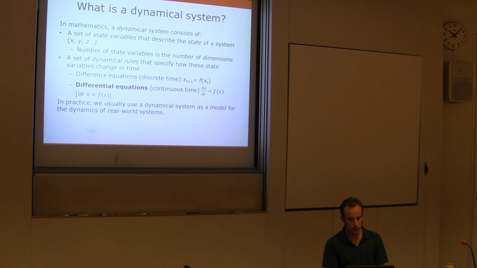So we write down differential equations in something like dx/dt equals some function of your state variables. So this means the rate at which x is changing at the current time depends on the function that we calculate on the right-hand side. So one way of writing down this derivative is dx/dt, another one is x dot. And then, of course, in practice, we usually use these dynamical systems as a model for the dynamics of a real world system.